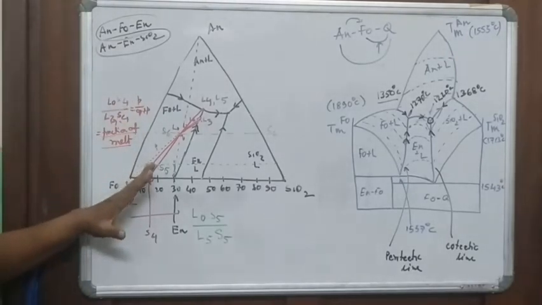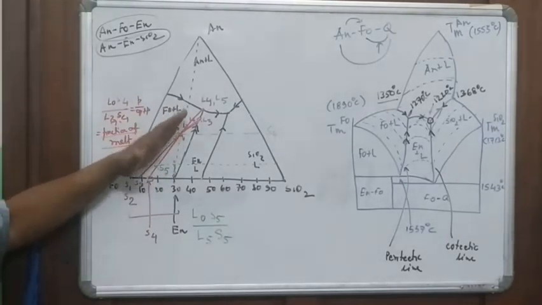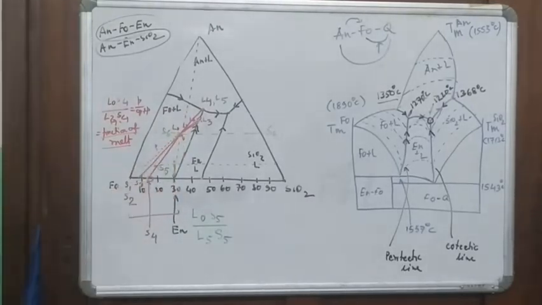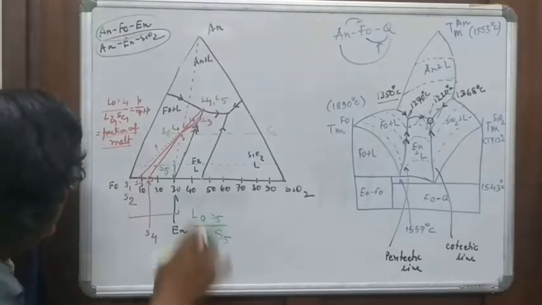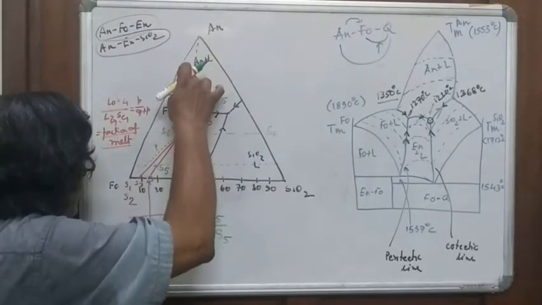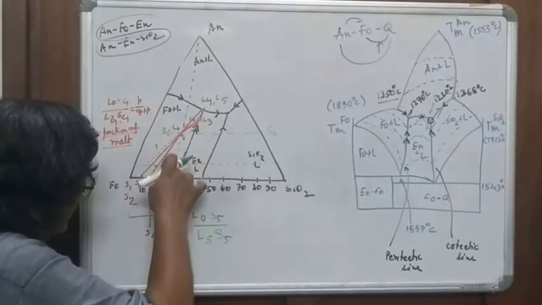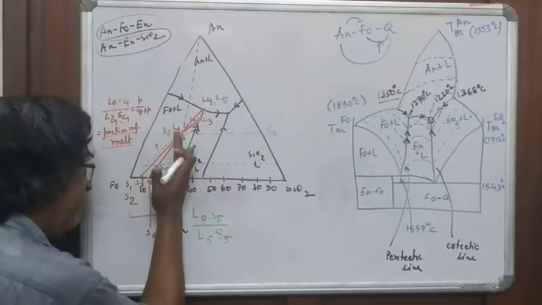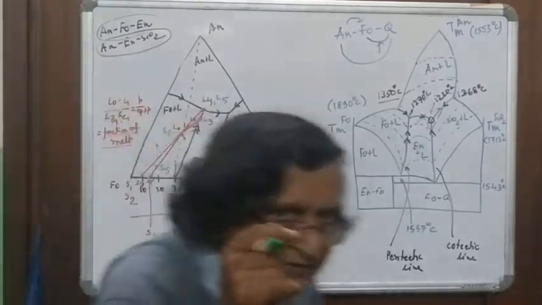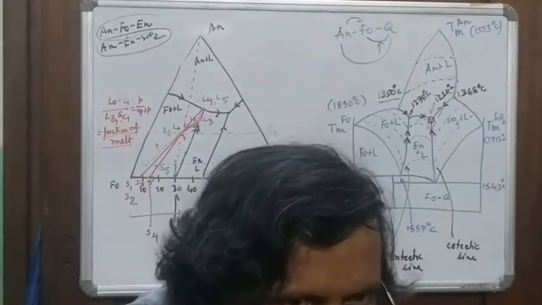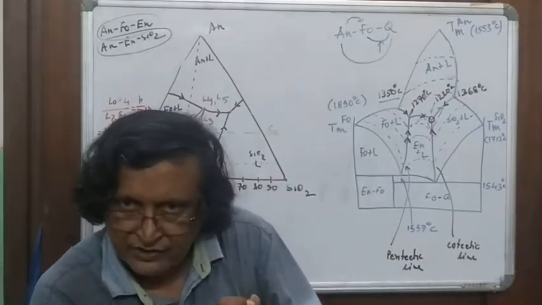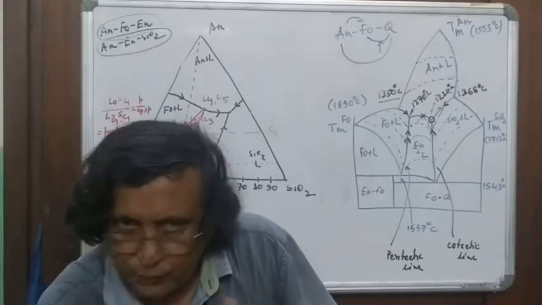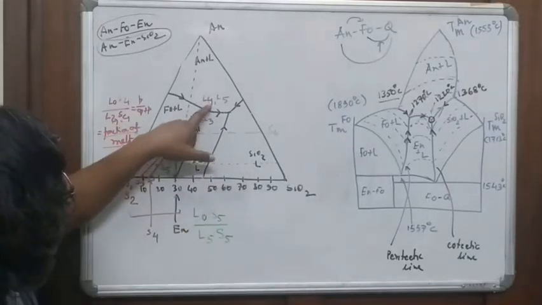And you can see here this line has moved into this position. Now this is a very, very critical position that you have reached. I will not tell more. If you have 100% enstatite, remember, if in the rock there is no more forsterite, all forsterite is consumed, then what will happen?